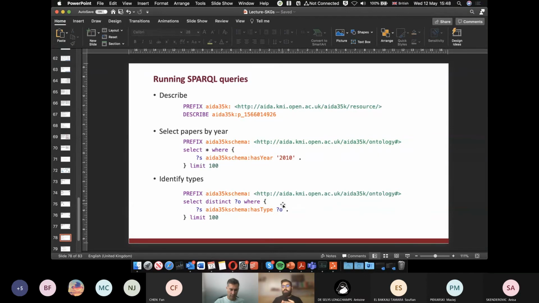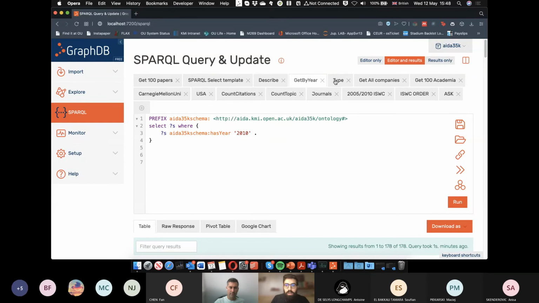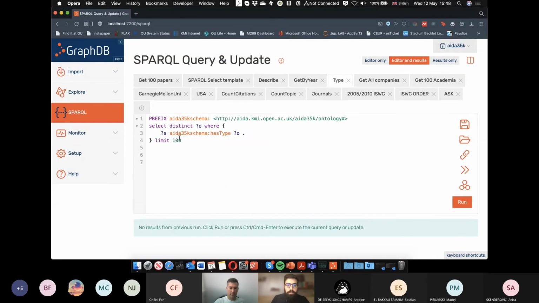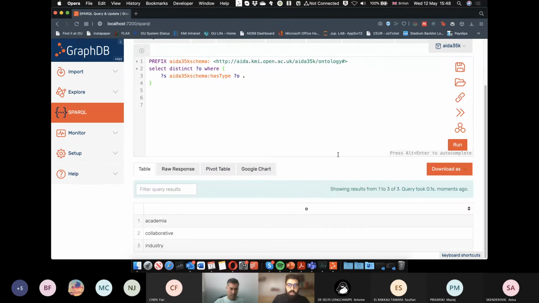Is it collab or collaborative? Academia or academic? Industry or industrial? We don't know. So this is a way to identify the types within the dataset. If I go back here, type, yep. Actually, the limit is useless in this case. So we know that there are three types: academia, collaborative, and industry.